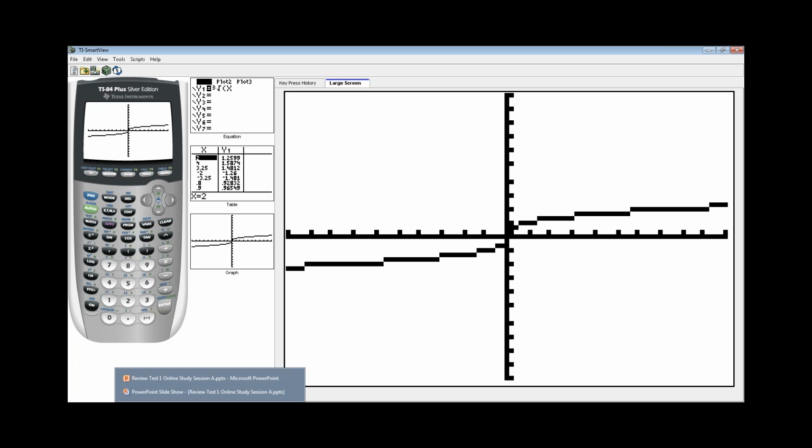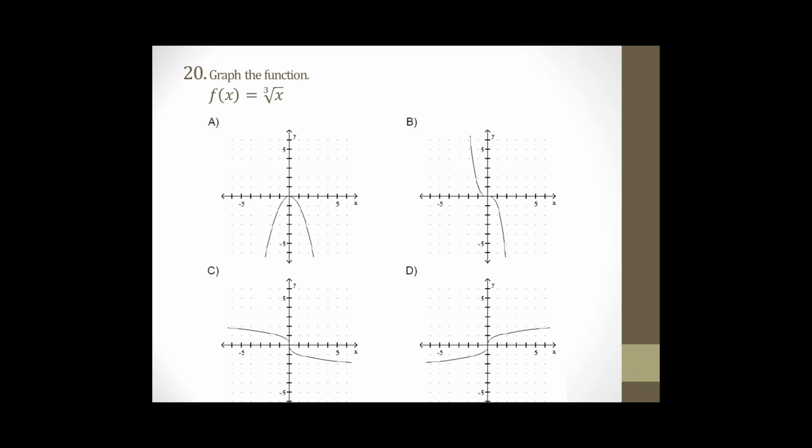Are there any questions on using the graphing calculator to graph a function? This will be very helpful for you in many ways. Remember, you can use a graphing calculator on your tests. So if we go back to the function, that would be option D.